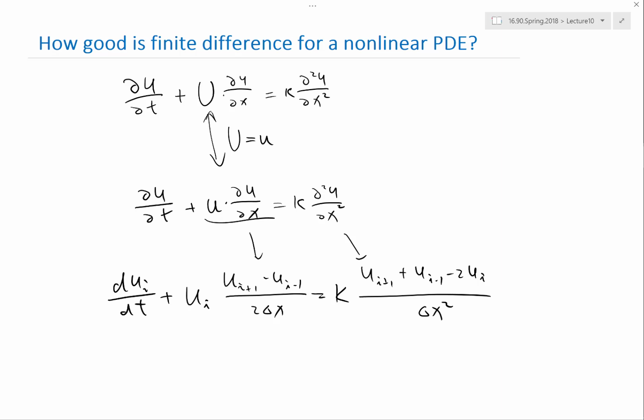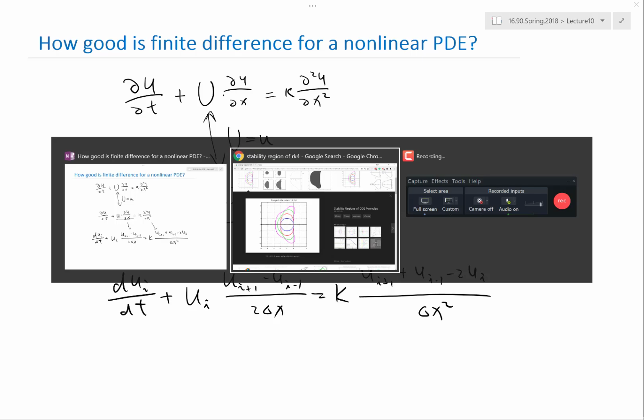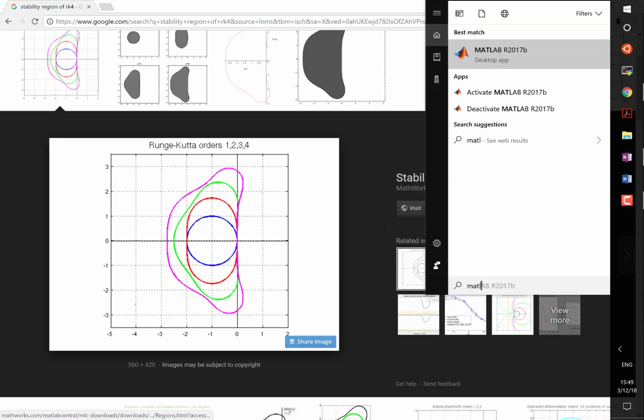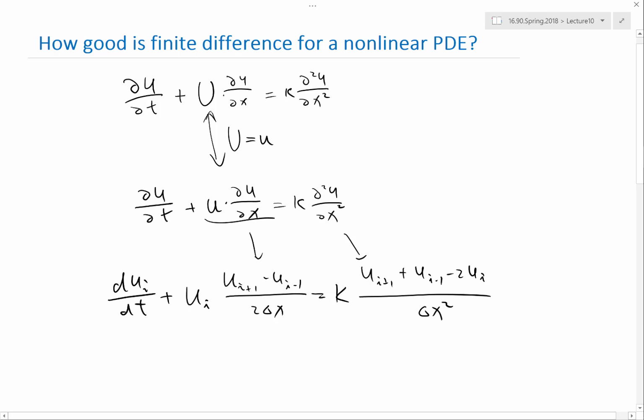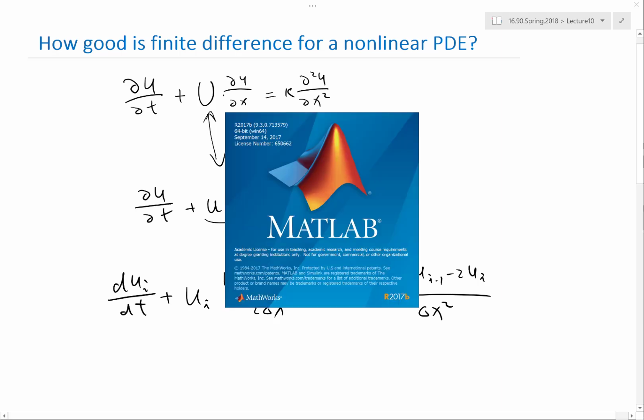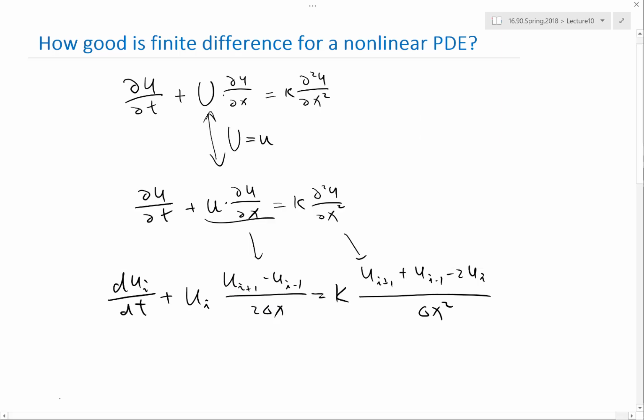Let's see if I'm fast enough in coding this into MATLAB. The really interesting thing is going to be the behavior of this equation for different values of kappa.